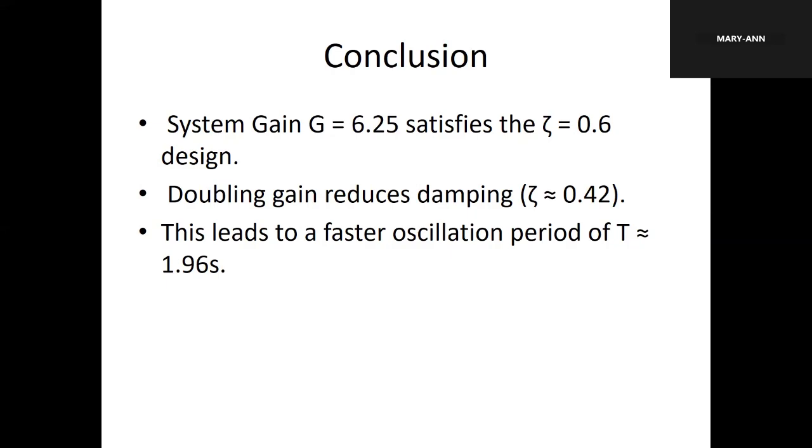In further computations, we had our new damping ratio to be 0.42, leading us to a damped frequency of 3.2 rad per second, eventually leading us to our time period, which was the main thing we were supposed to find, as 1.96 seconds. Thank you.